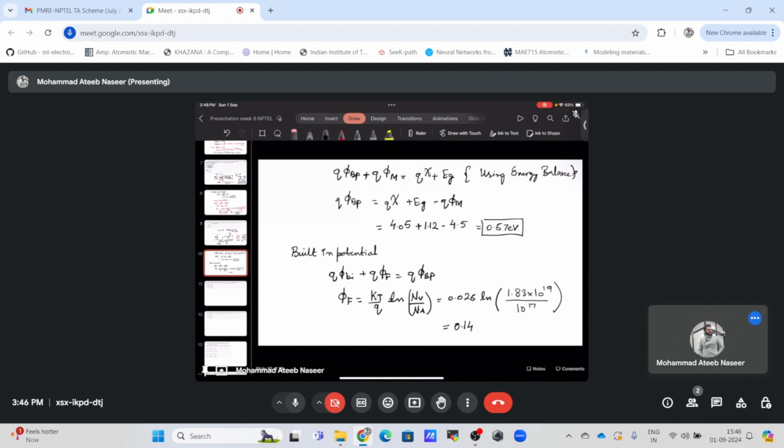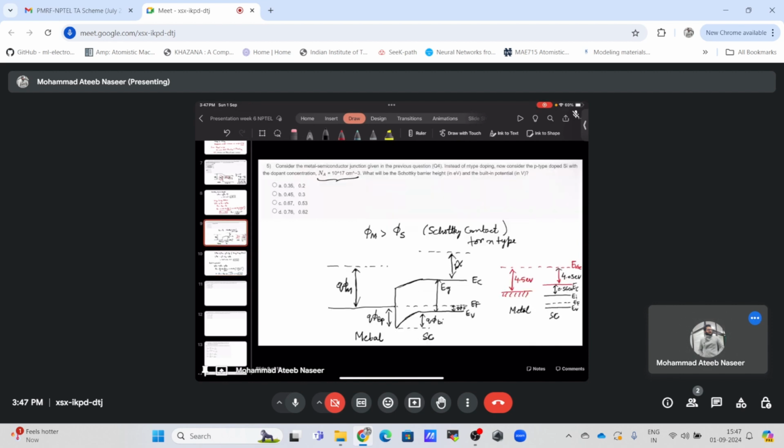So phi bi is simply phi bp minus phi f. It is 0.67 minus 0.14, which is equal to 0.53 volts.